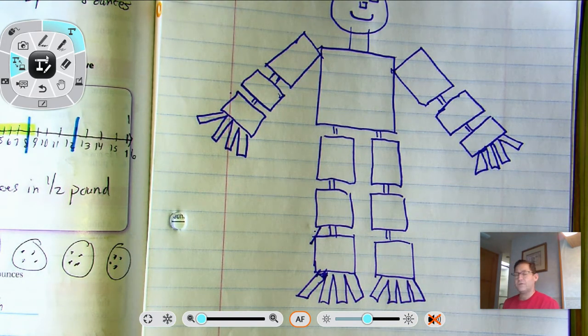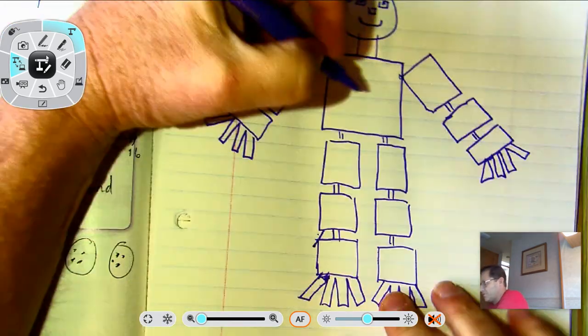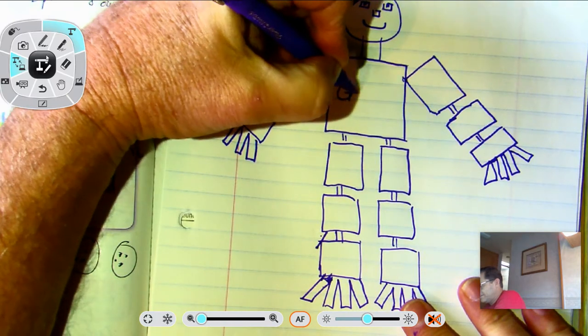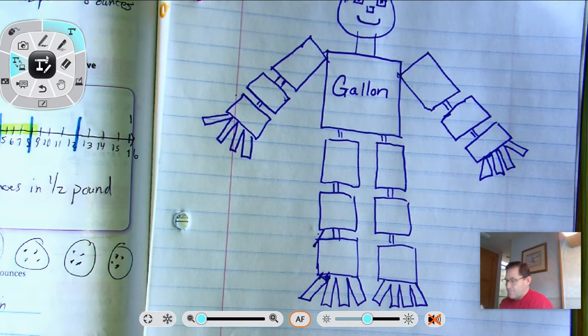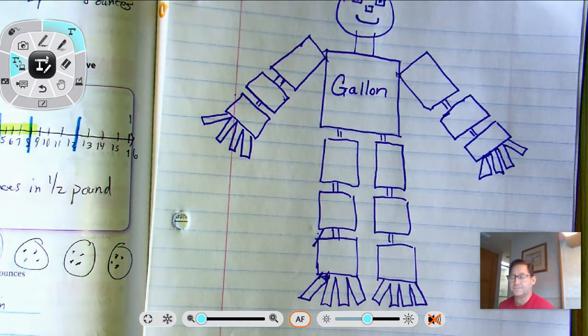All right, and so Gallon Man, let's build him from his largest unit to his smallest unit. His largest unit is a gallon. Everything combined turns him into a gallon. So fill out that box with a gallon. Then in our table, it said every gallon has 4 quarts.